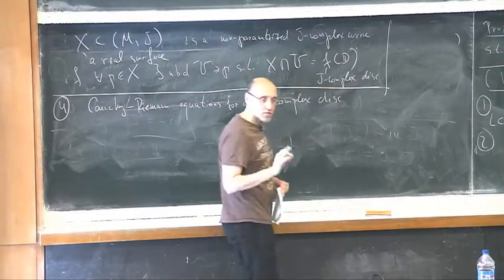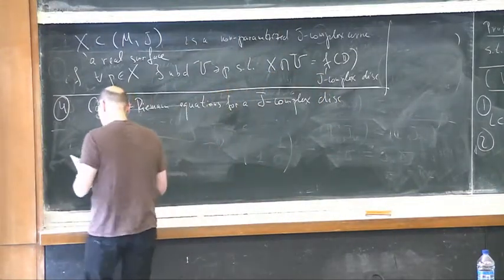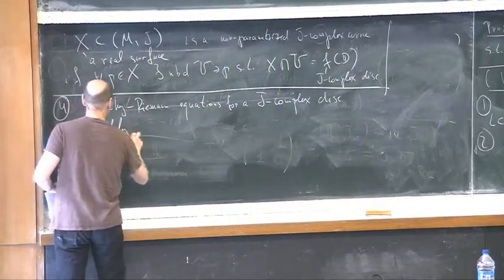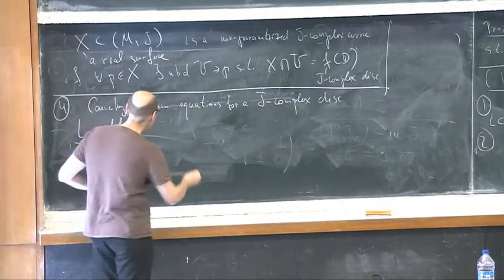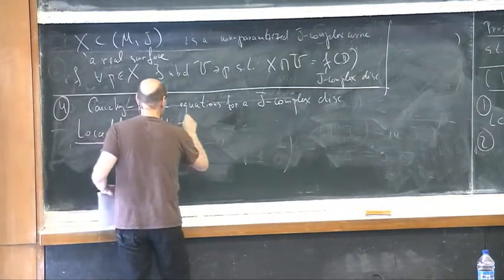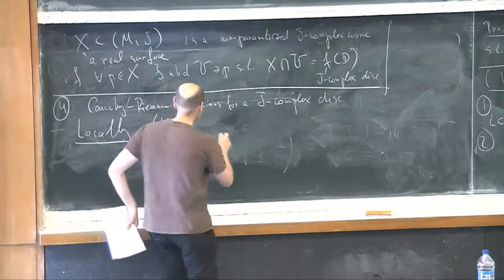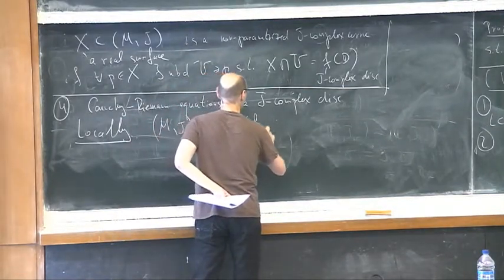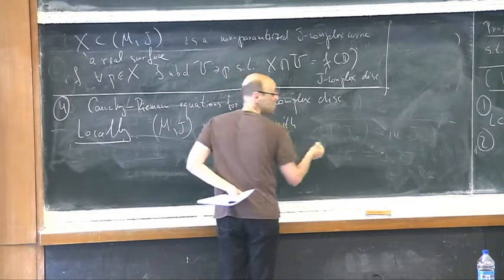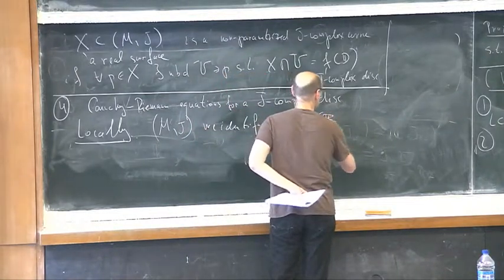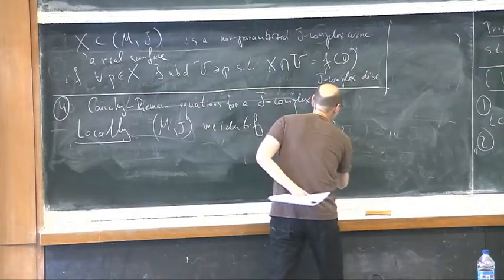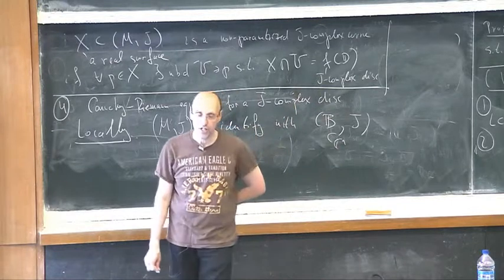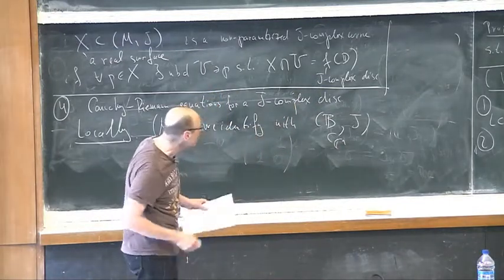So I suppose now that everything is local. So locally, I have M, and we identify it with the unit ball in Cn, for instance, where we have this matrix-valued function J, as I explained before.